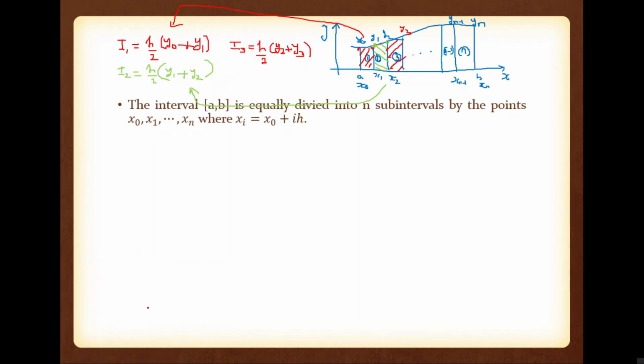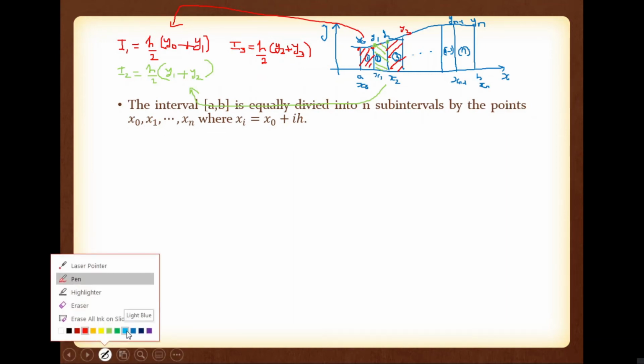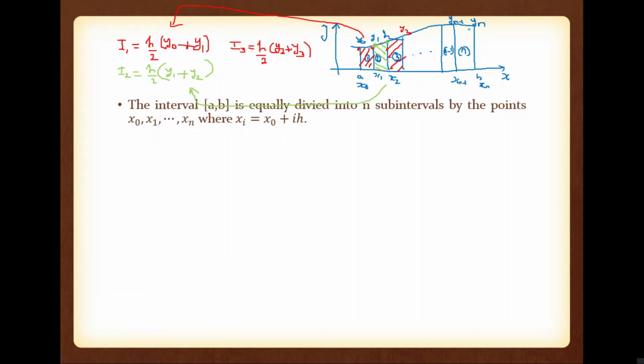So now my question is, what is the last one? What about this region? This is the last one. So we can write it as IN, because this is the nth segment, whose width is again h, because we are equally dividing the segment.